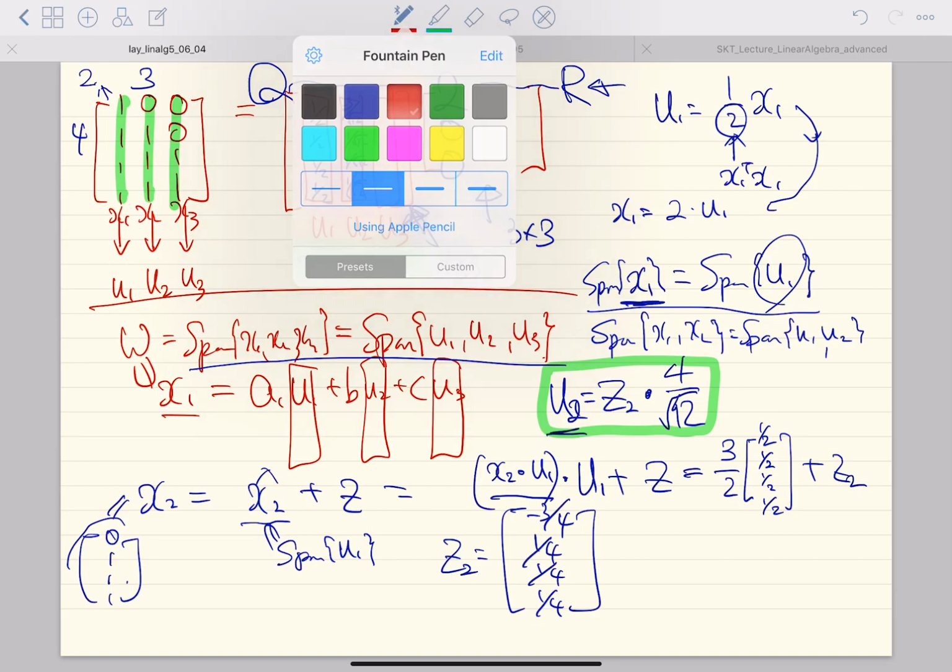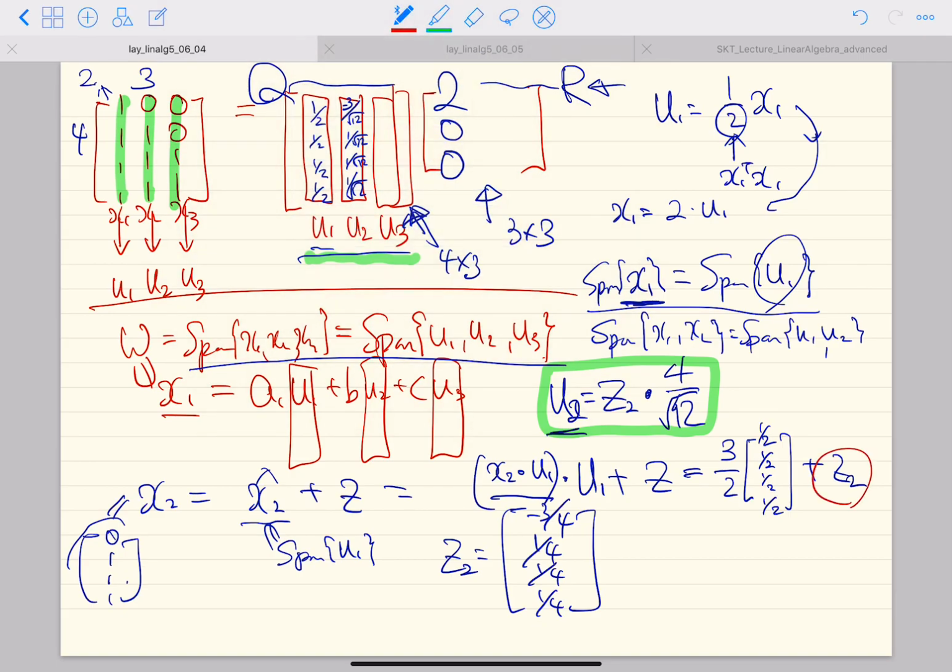And then z2 is represented as square root 12 over 4 times u2, right? Because that is z2, right? Okay, and then we are done over here.